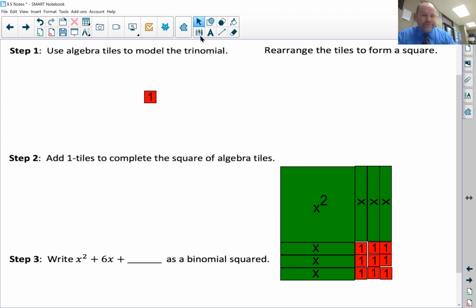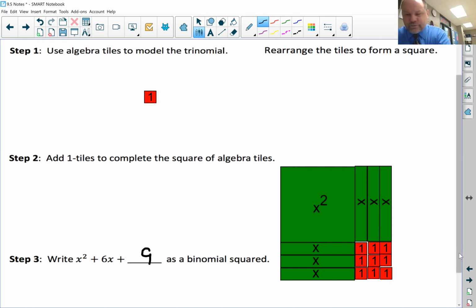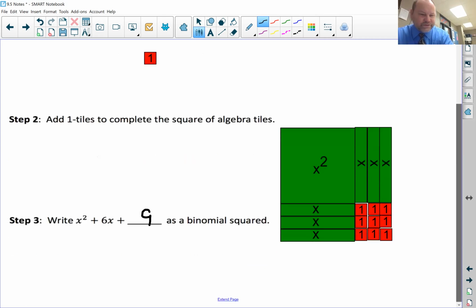So that means if I had an expression x squared plus 6x plus 9, I could write that in factored form as x plus something squared. And actually, in this case, it would be x plus 3 squared.